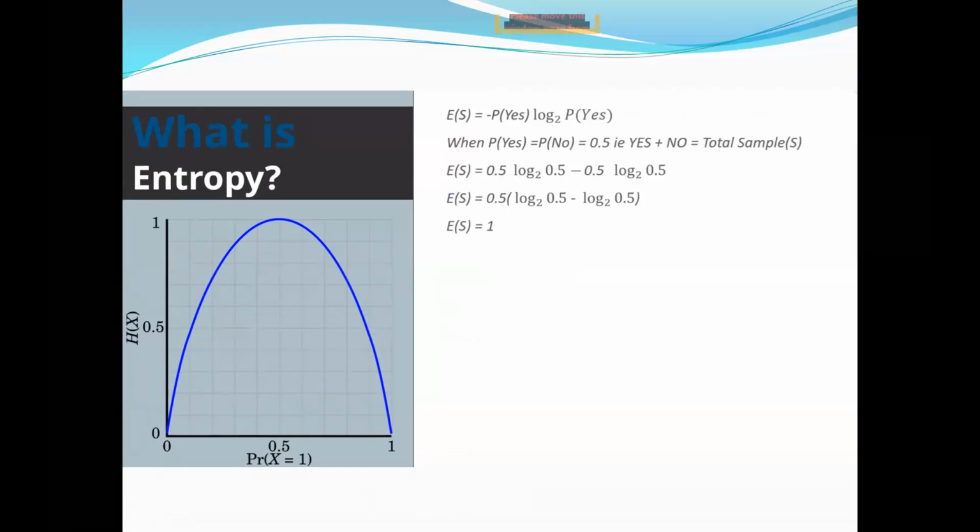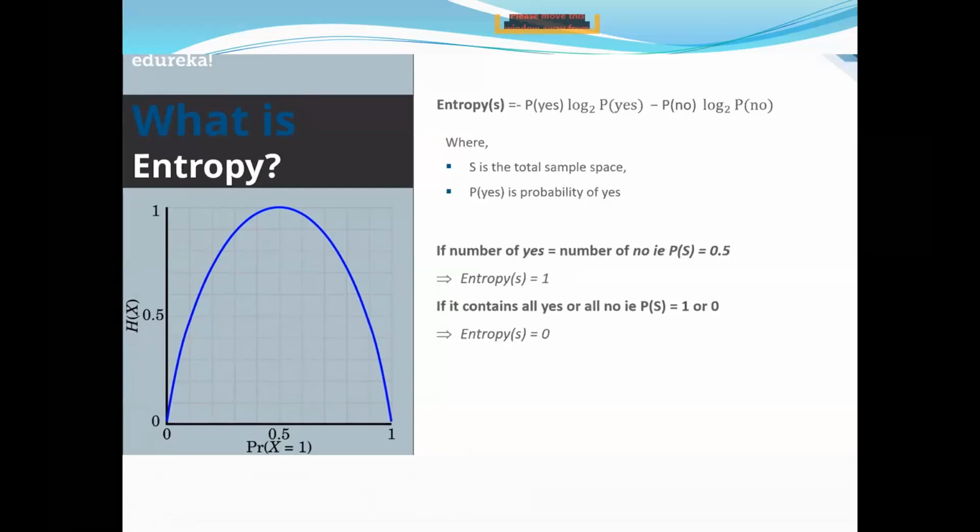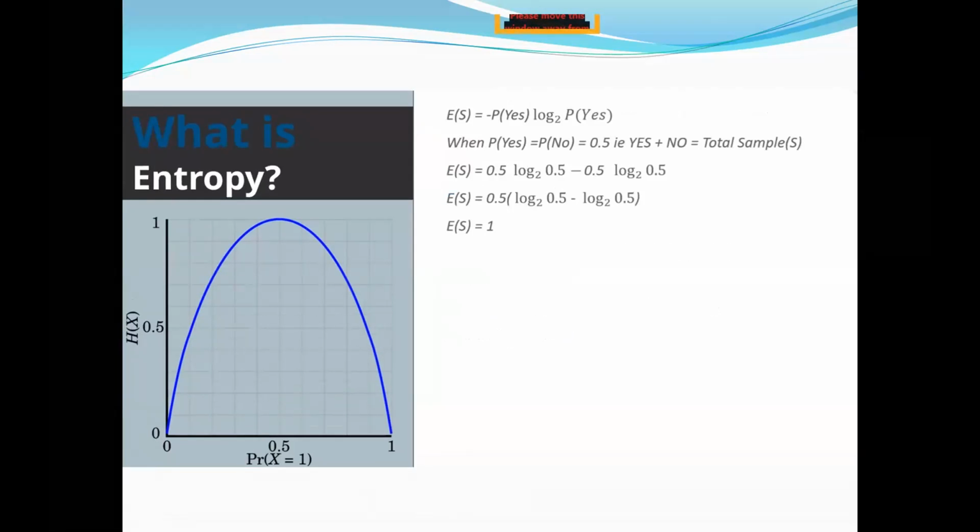Next, this shows the calculation of the entropy. If I replace my probability value with 0.5, which means your total sample contains both classes, it is both chances, because it is a probability.